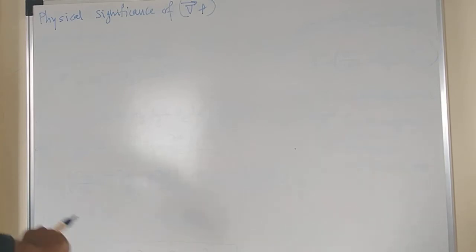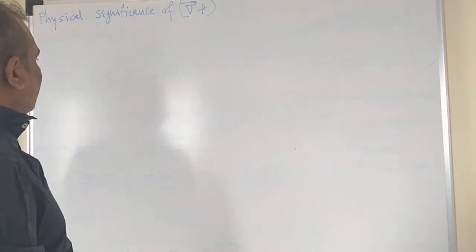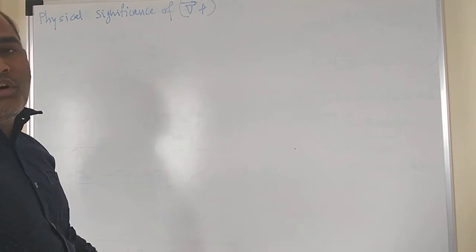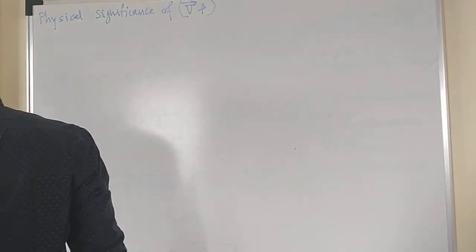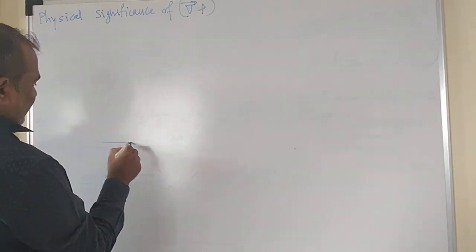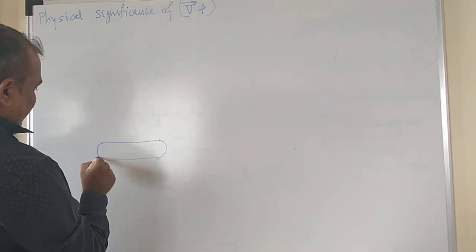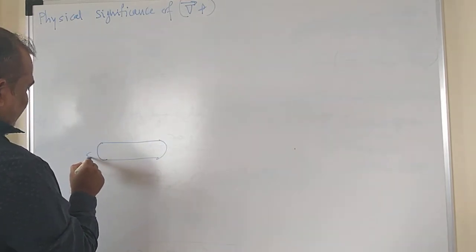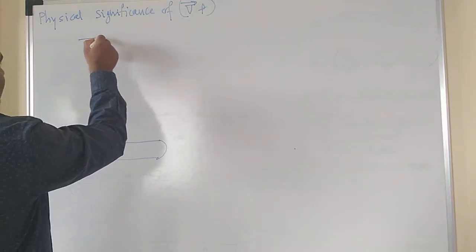Now to understand the physical significance of the gradient of the scalar point function, let us consider two level surfaces. Let us say this is my first level surface, S1. I will write S1 here, and this is my second level surface.